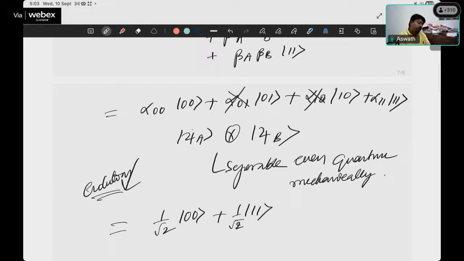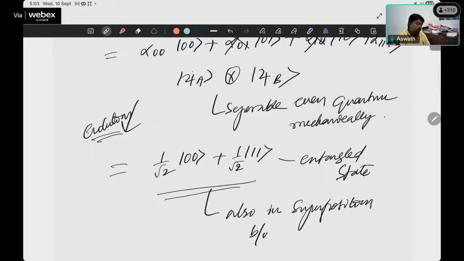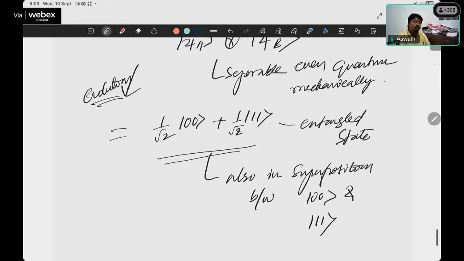If it has evolved into this form, it is called an entangled state. And remember one thing here, this entangled state is also in superposition between |00> and |11>.